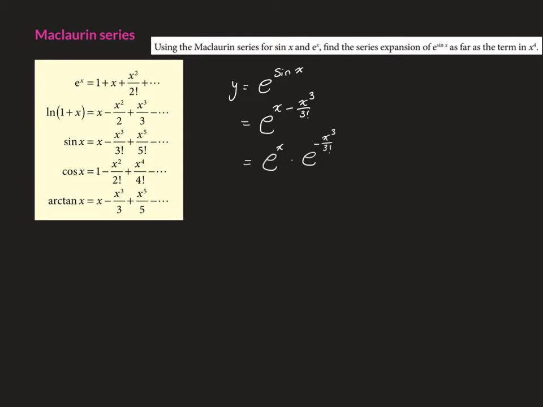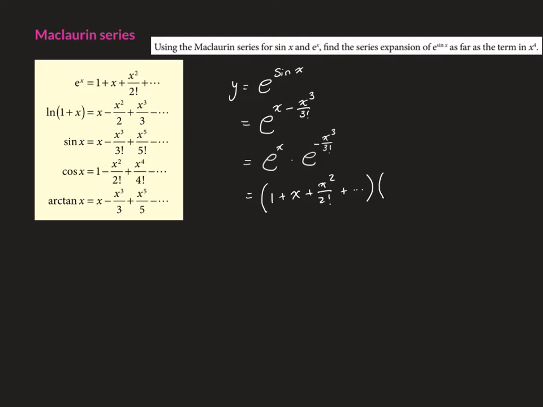And what I can do next is use the expansion of e to the power of x to expand each of these individually. Again, up to a certain power of x. I don't want to have terms that I'm not necessarily going to use. So I'm going to expand the first one as 1 plus x power 2 over 2 factorial plus and so on. So I'll write it first and then I'll decide how many terms I want.